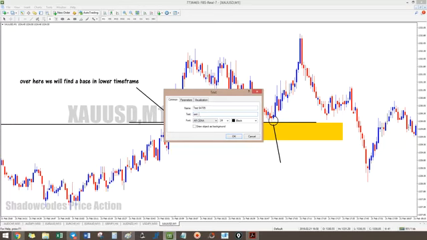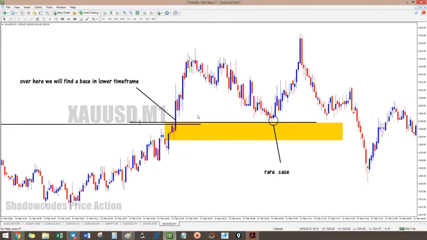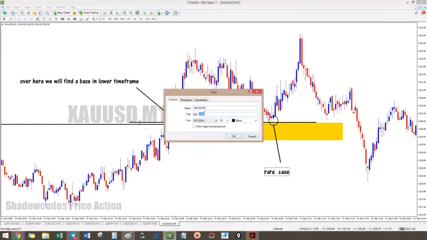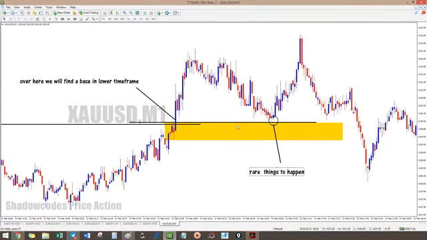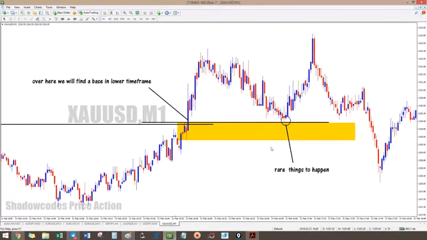Rare cases. So this is a really good setup, but sometimes it does not tap. This one rarely happens.